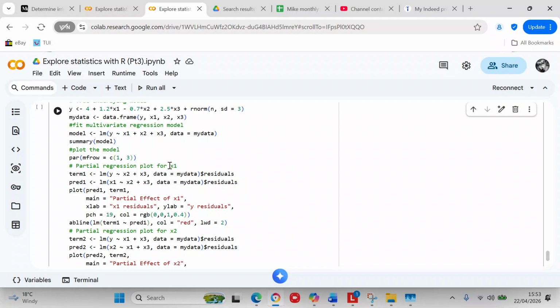So now what we're going to do is plot the model. par(mfrow = c(1, 3)). That's a vector that you have created.